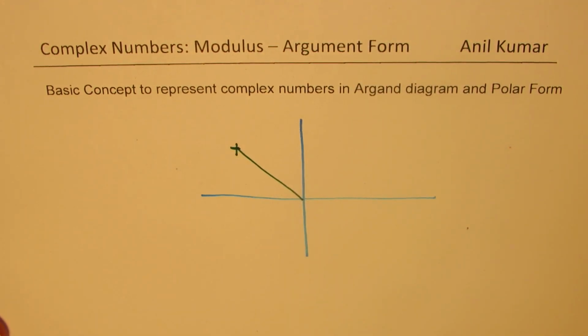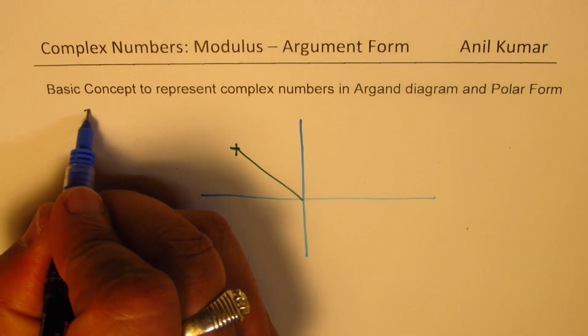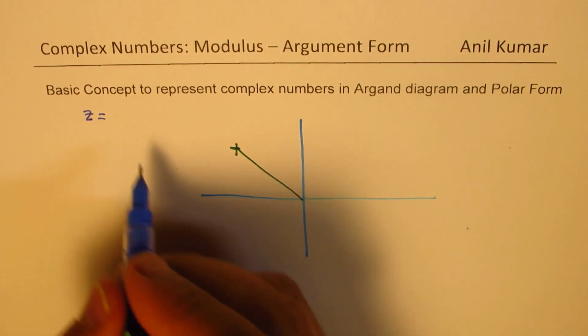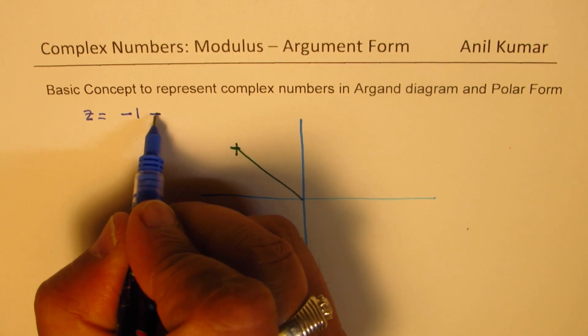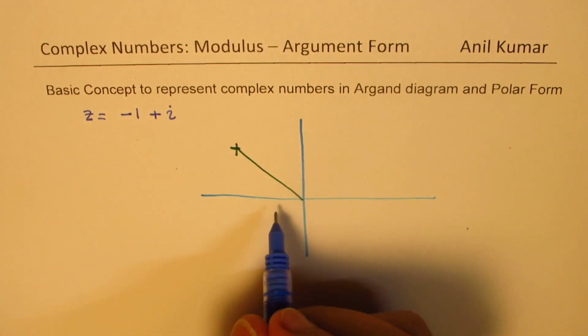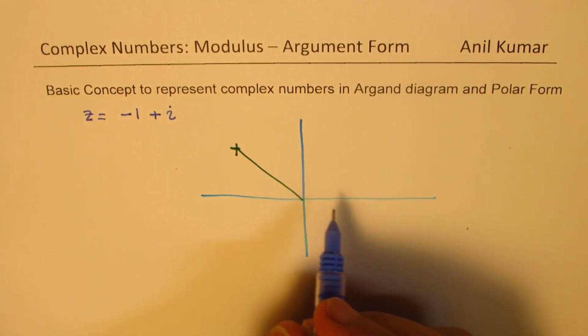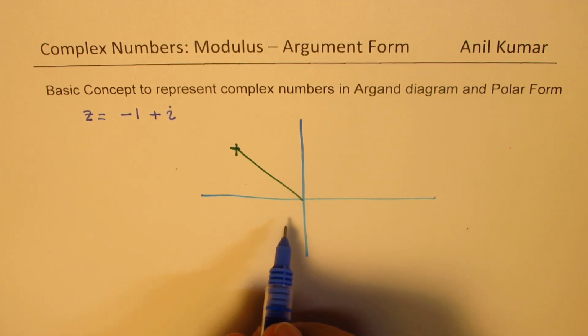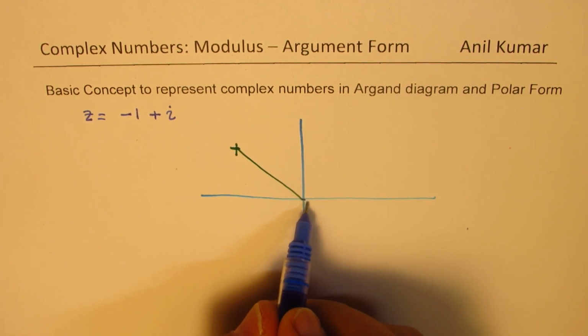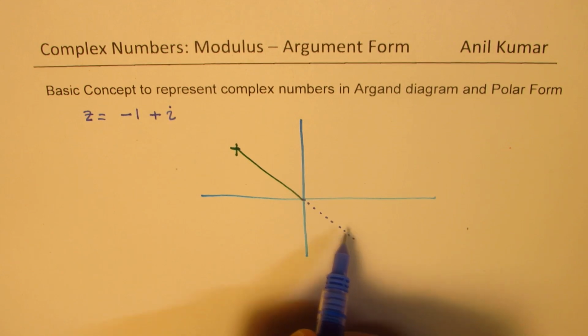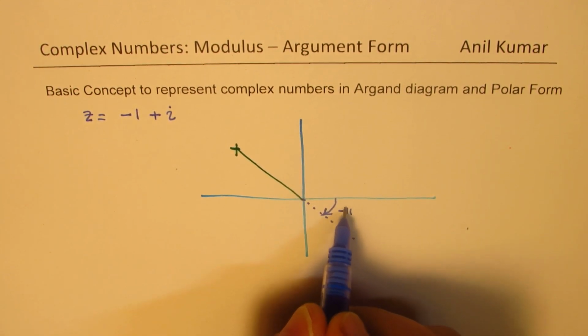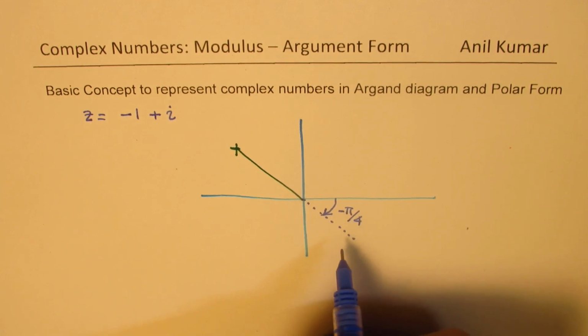Just as we took the example, let's say z, which we took was minus 1 plus i. So here, when you calculated the angle, what did you get? The argument which you calculated, you got this value, which was minus pi by 4, right?